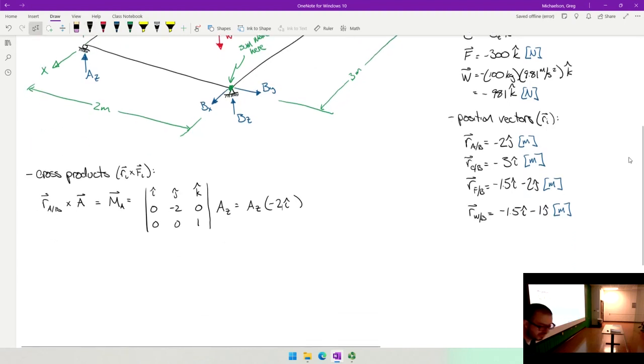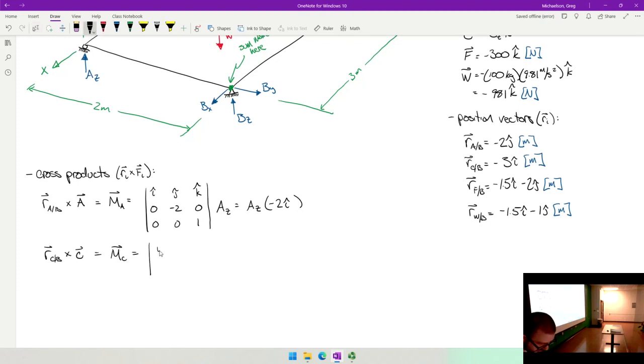Now, we're going to have RCB crossed with C. That's going to be the moment generated at C. So that's going to be I, J, K. Now that vector is negative 3, 0, 0, and then 0, 0.